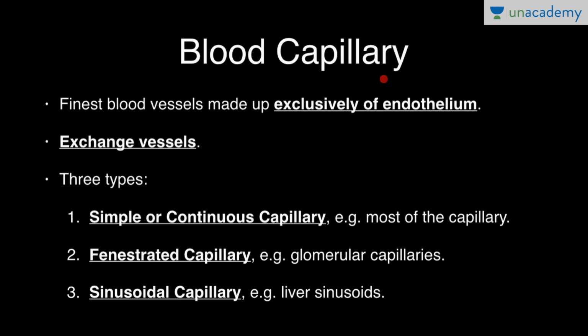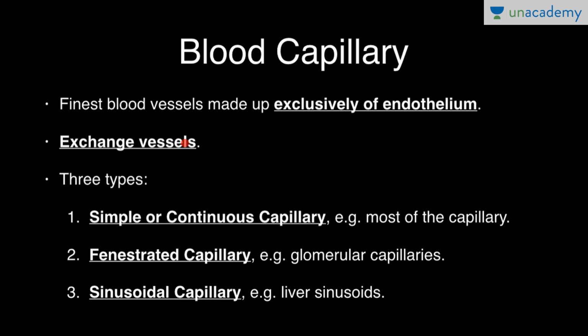Now blood capillary. These are the finest blood vessels made up exclusively of endothelium. Unlike arteries and veins, which have three layers, capillaries have no smooth muscle, no connective tissue, no collagen fibers, just endothelium. These are exchange vessels. They exchange substances with tissues.